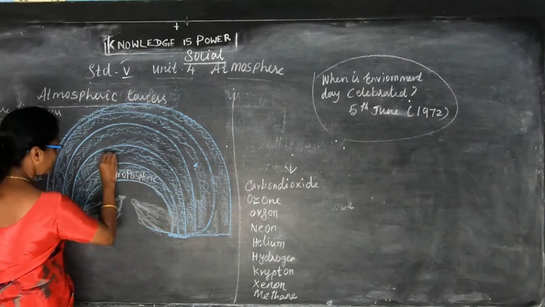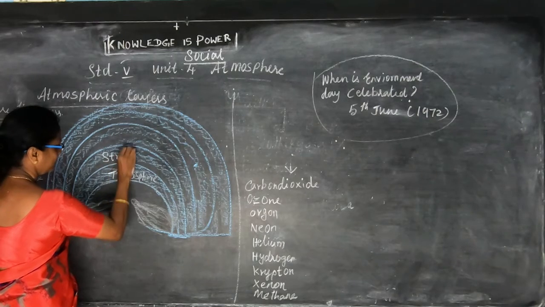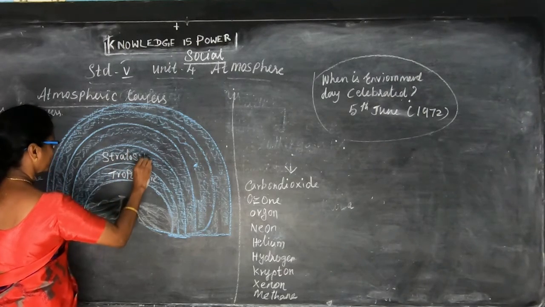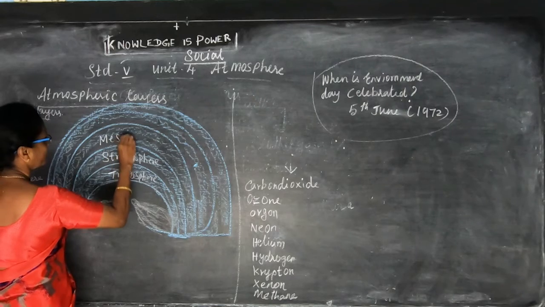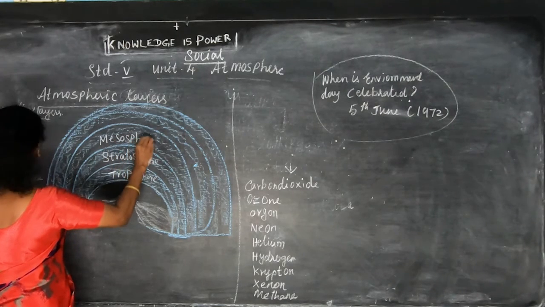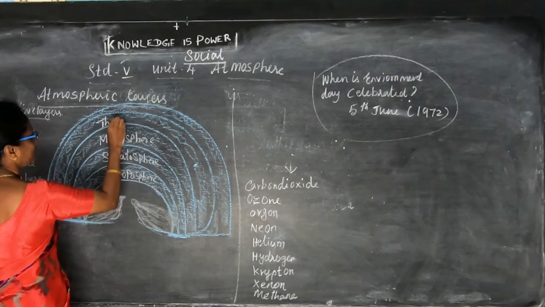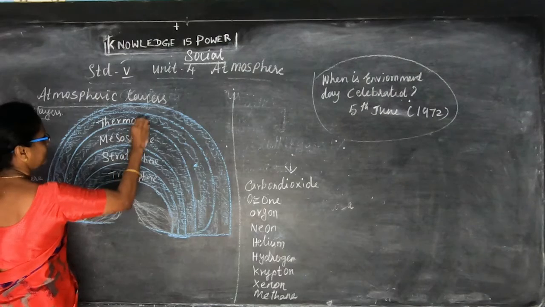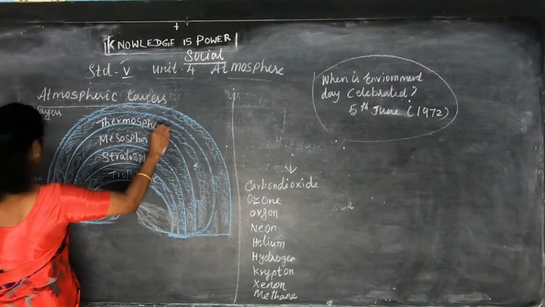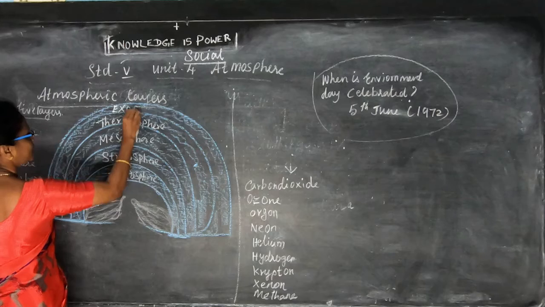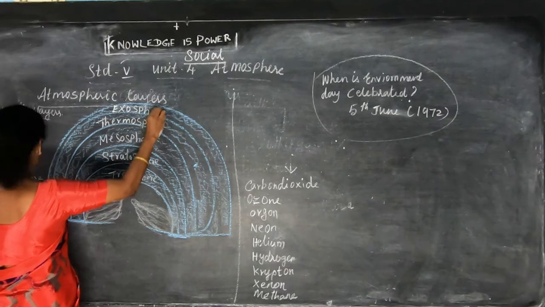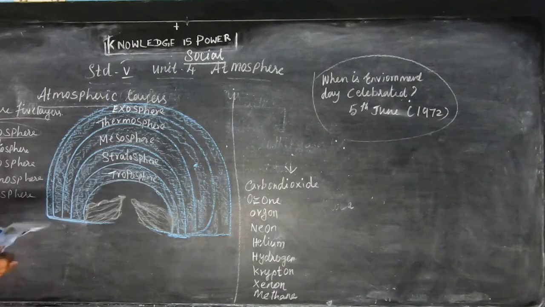The next one is stratosphere. And next one is mesosphere. And next thermosphere. And next exosphere. Okay, so these are the 5 layers of the atmosphere.